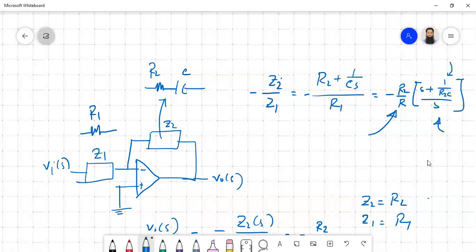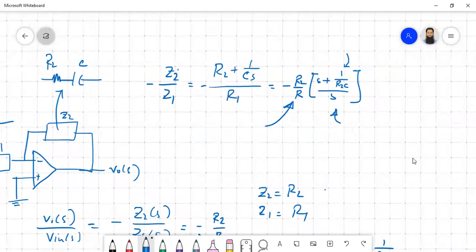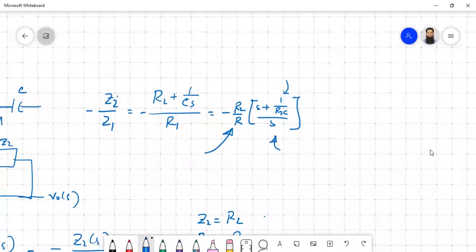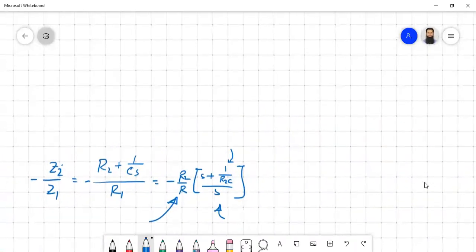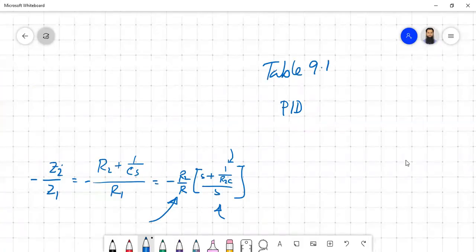Similarly, in the book you have the whole chart, this is your Table 9.10. I'm just showing a few examples here. For making a PID controller, you go through that Table 9.10.